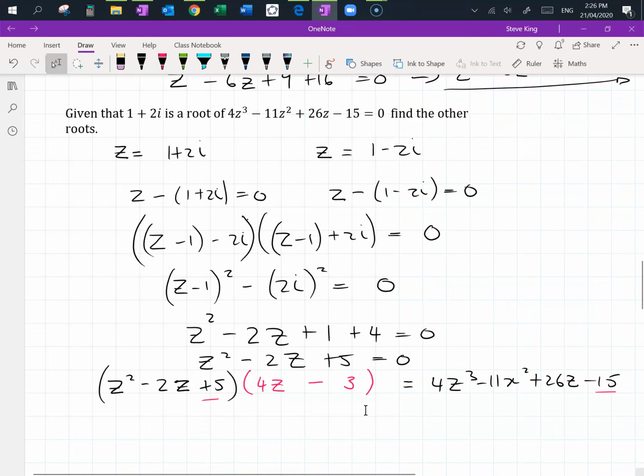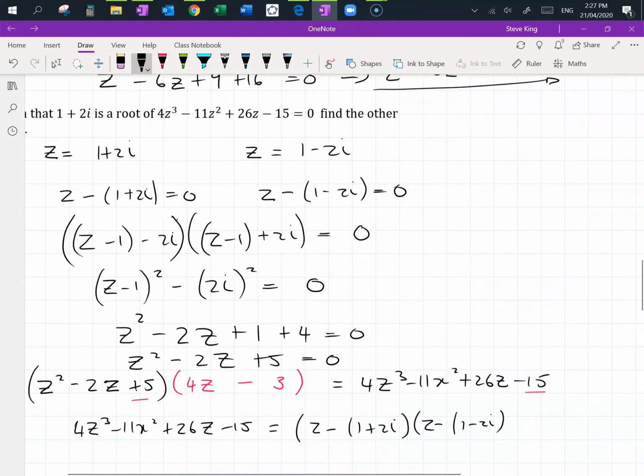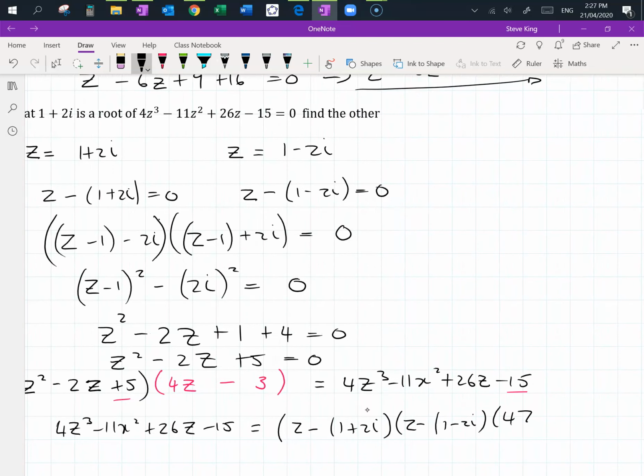In other words, my equation 4z cubed minus 11z squared plus 26z minus 15 could be written as (z minus 1 plus 2i)(z minus 1 minus 2i)(4z minus 3).